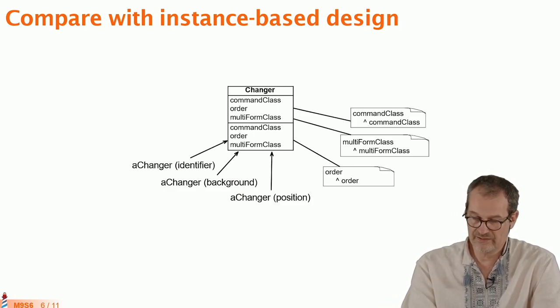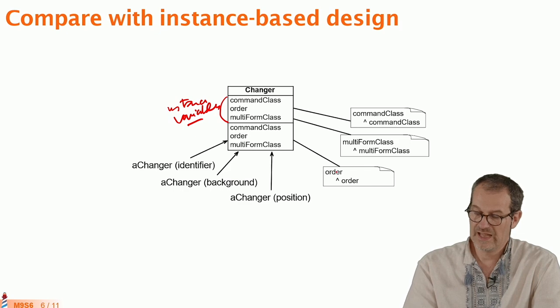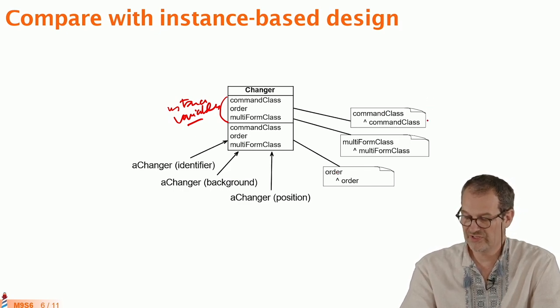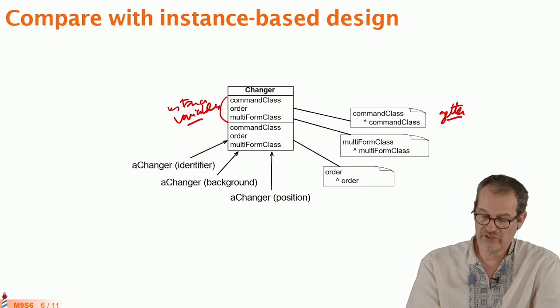In that design, what I will do is define instance variables and some setters and getters. So here I have the getters. Each of these getters will return the values that are stored in this variable for each object.